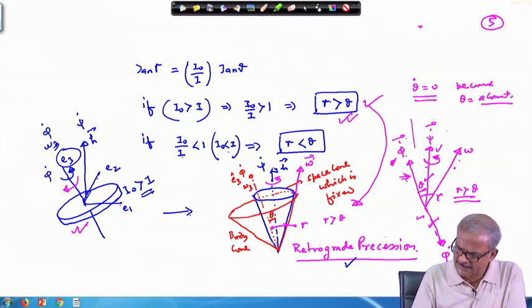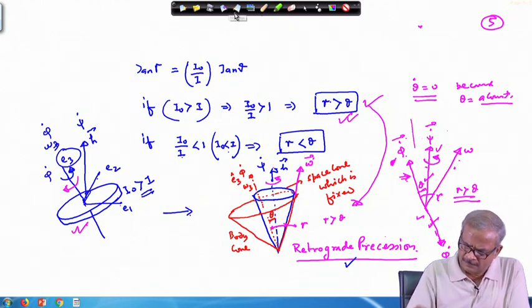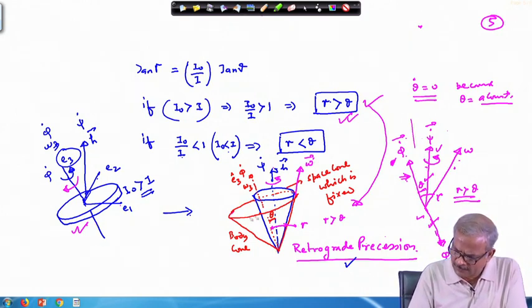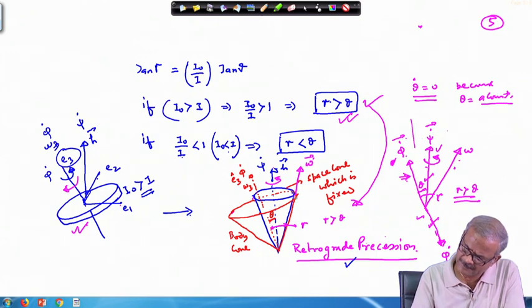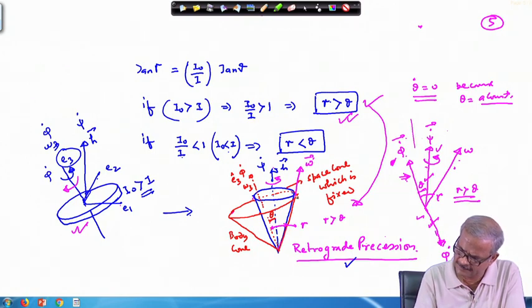If we visualize in terms of this cone, basically this outer cone shown by the red is rolling over this inner cone which is shown by blue. This is called the space cone, which is fixed, and once it rolls, you can see that this omega vector, as this is the touching point, these two bodies' surfaces are meeting along this line as shown here.